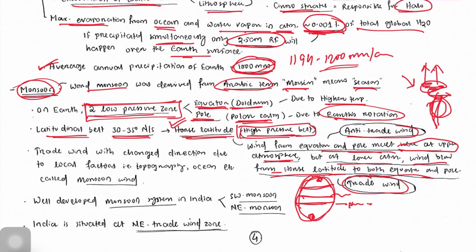From the high pressure belt, wind will blow towards the low pressure belt, towards the equator and also towards the pole. So that is called trade wind.